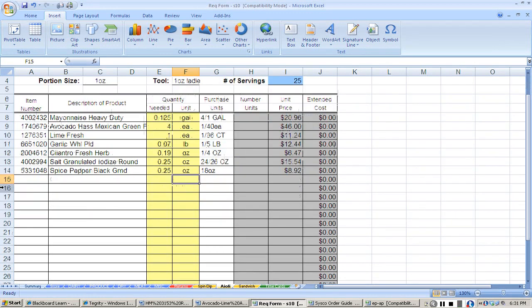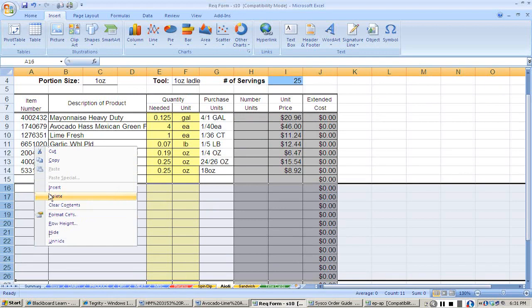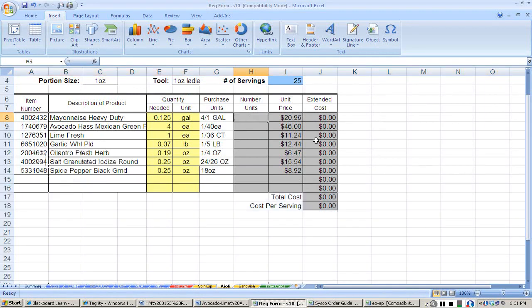Go ahead and delete a few of these unused lines out of here. Alright. Number of units. Plus 0.125 divided by 4. Our 0.125 gallons divided by the 4 gallons that come in the case. Plus 4 divided by 40. We're using 4. There's 40 in the case. Plus 1 divided by 36.